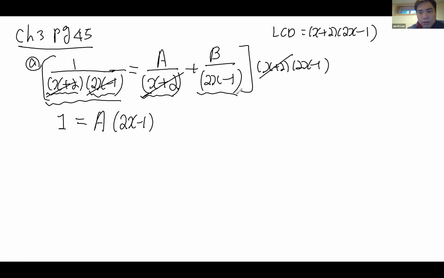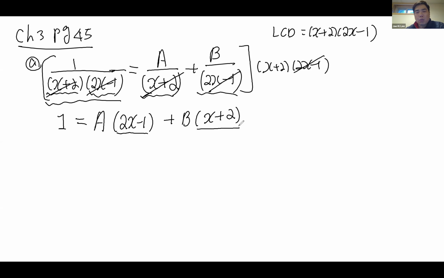Now this one, as you see, this cancels out, so it becomes plus B times x plus 2.